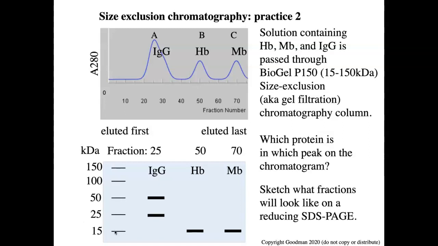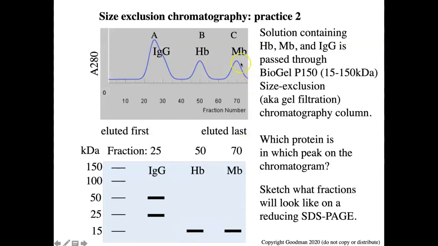So this is a quick check on, do you remember that IgG is composed of 4 protein chains, 2 heavy, 2 light, right? So it gives you 2 bands, 50 and 25 kilodaltons, while hemoglobin and myoglobin have very similar primary, secondary, tertiary structure, right, about 15 kilodaltons.